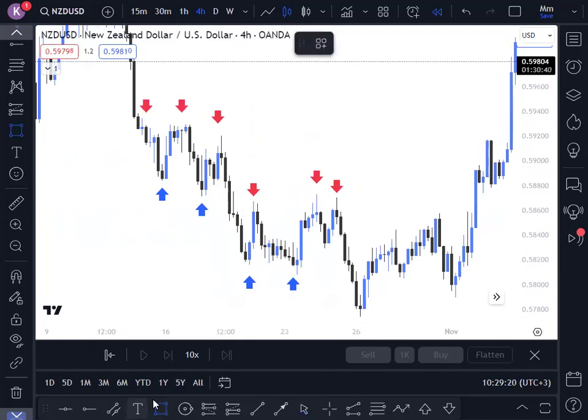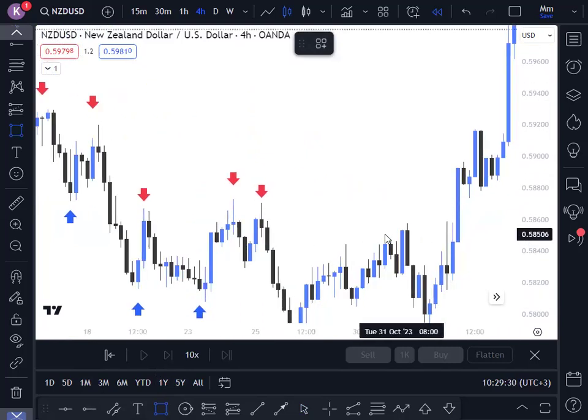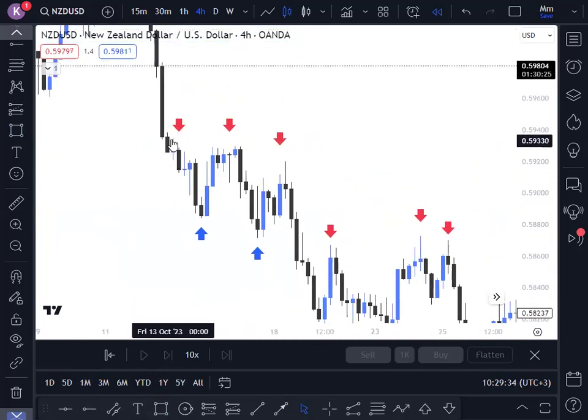This is a triangle, and then you want to mark those zones where you have multiple touches, and when it comes to marking your support and key level, you want to mark around where the wick is, between where the last wick has touched and where the wick started.